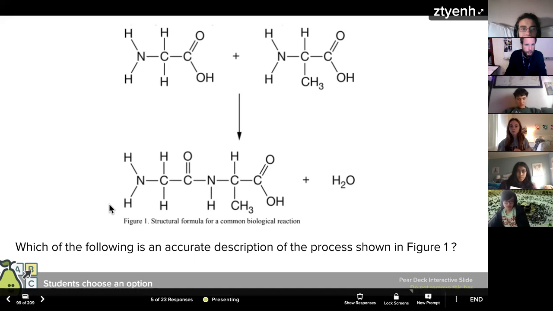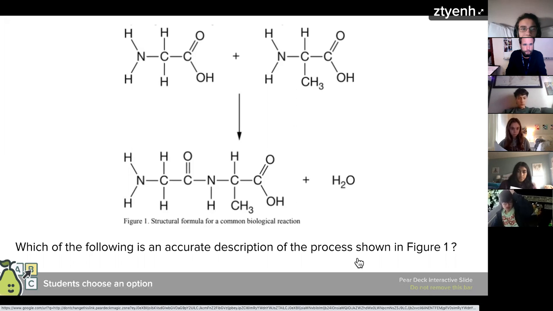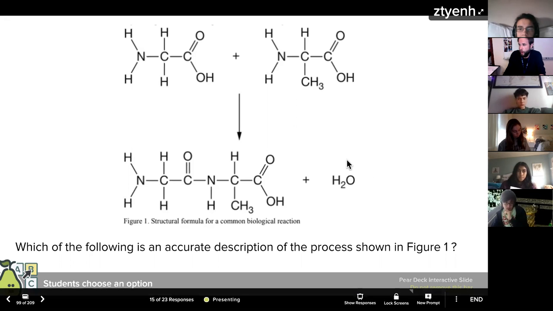Hoping you're seeing what I'm seeing. So two monomers up top, we're linking them together. We can see the molecule of water that's being produced.